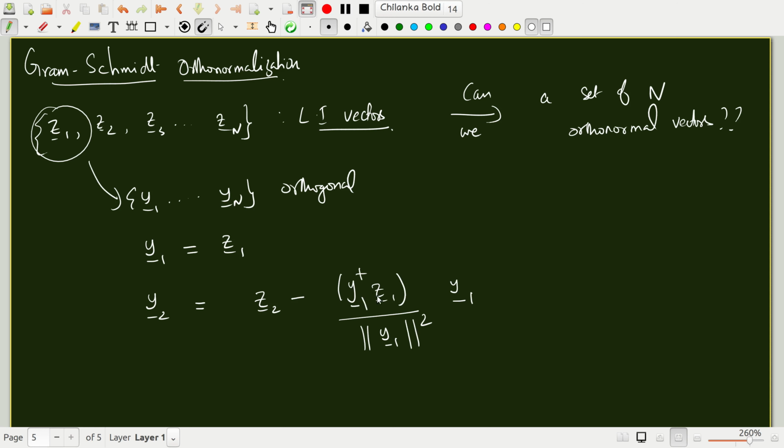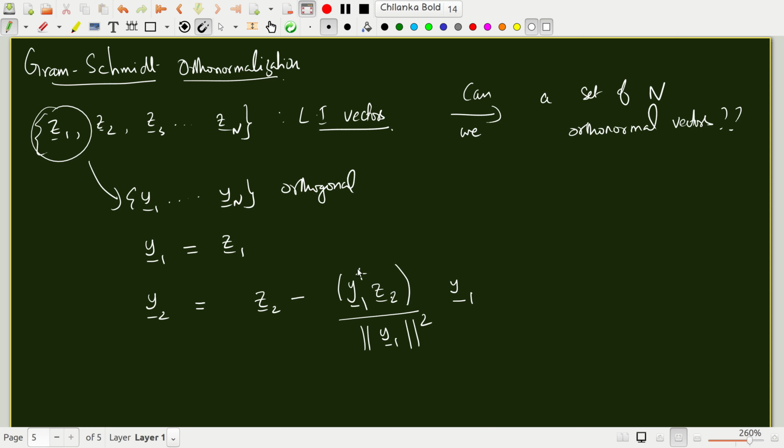So what I'm essentially doing is trying to remove the component of y1 in z2. I'm sorry, this has to be z2. That's the reason why I take z2, and then I take the inner product of y1 with z2.